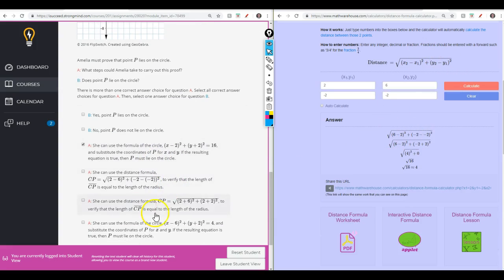So we're looking for the distance of CP, which is equal to 6 minus 2 plus -2 minus -2. Since I'm not seeing that, they actually used point P as the first point and point C as the second point.